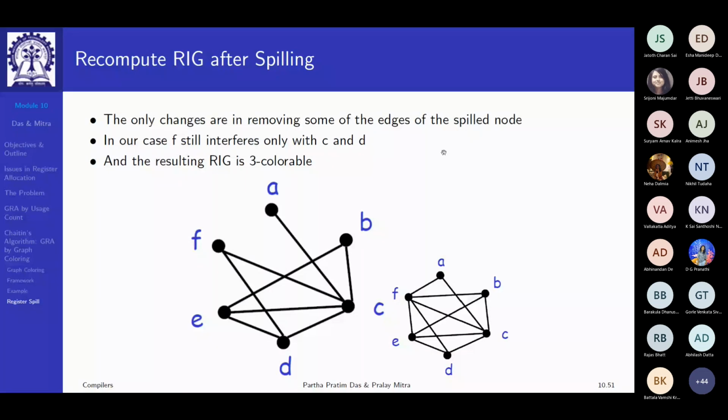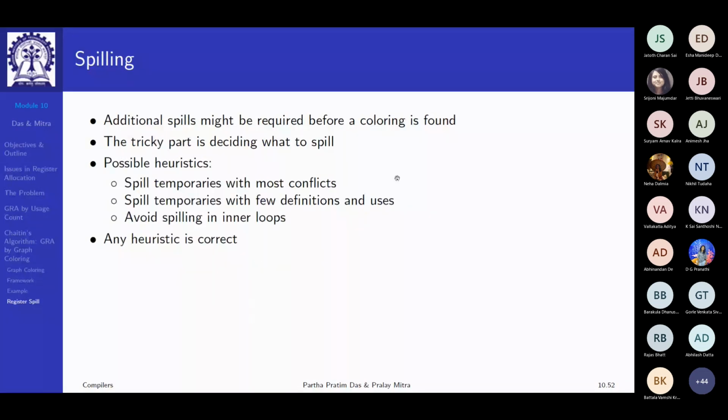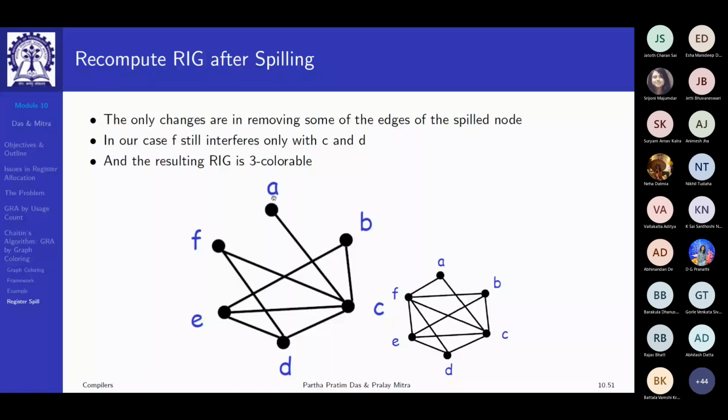So additional spills might be required before a coloring is done. For example, if I wanted this to be 2 colorable, if I was having just 2 registers and I wanted this to be 2 colorable, then even with this spilling of F, I will not be able to actually color this graph.